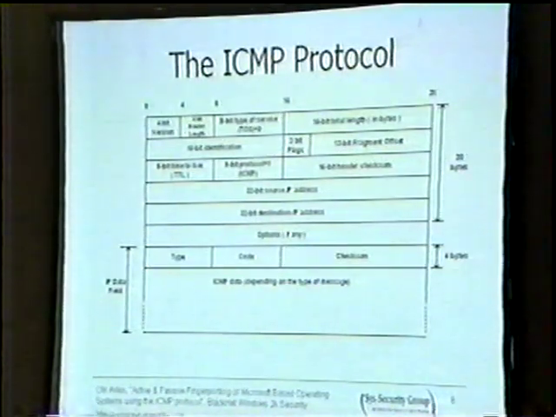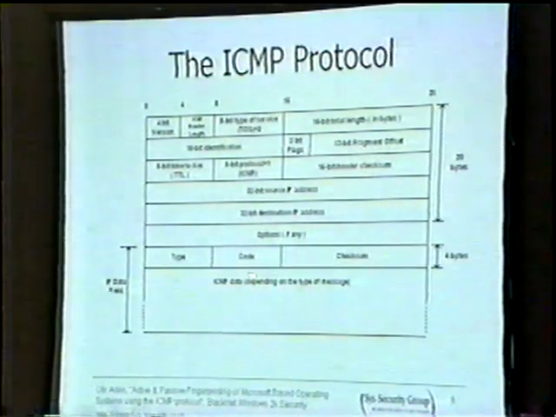If you look at the ICMP protocol, a regular datagram is a combination of a type field and a code field. The type specifies the type of message we're using. We have query messages and we have error messages. The code field specifies a subtype.